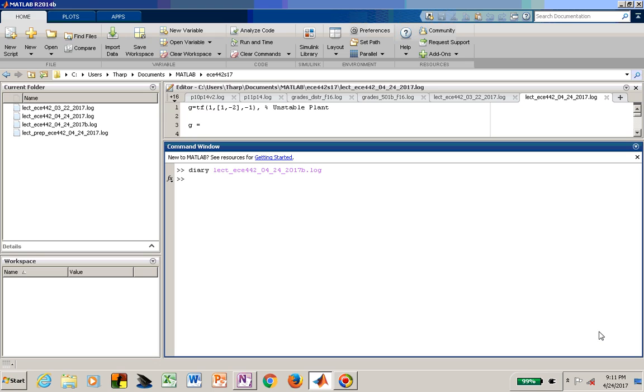First, for starters, let's define our unstable plant that we are working with in this particular example. It had a 1 for the numerator expression. The denominator had a single pole at 2, and we're not really specifying the sampling period.